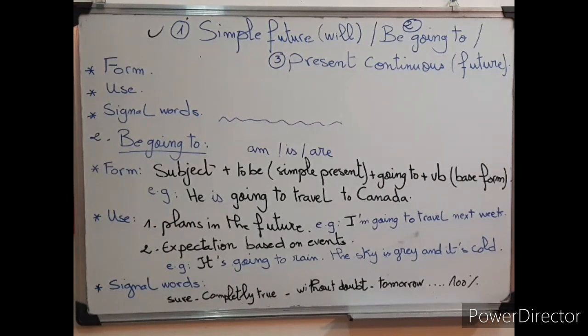We can also say intentions with 100%, things that I am sure I will do. Clear? 100%, bien sûr, inshallah. For example, I'm going to travel next week: it's a plan, déjà organized, déjà arranged, 100%. So I'm sure I'm going to travel.